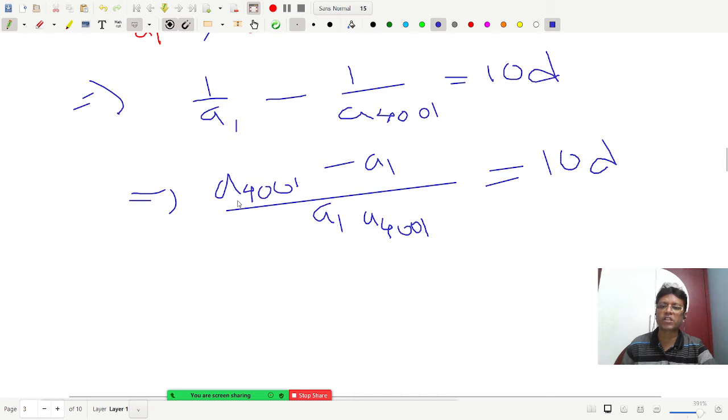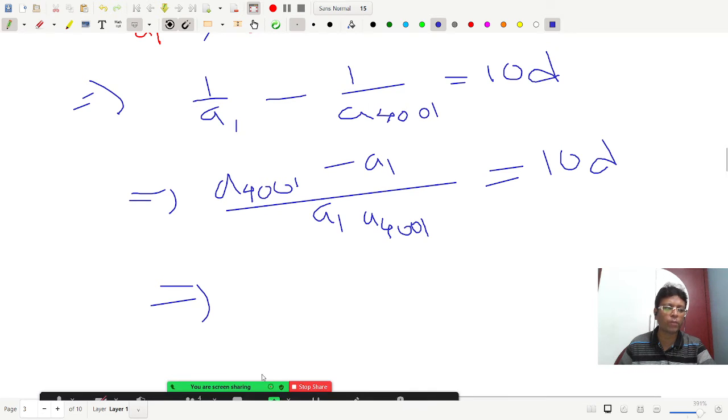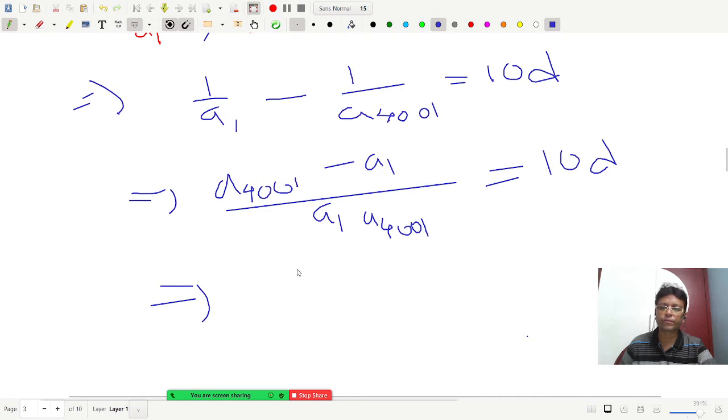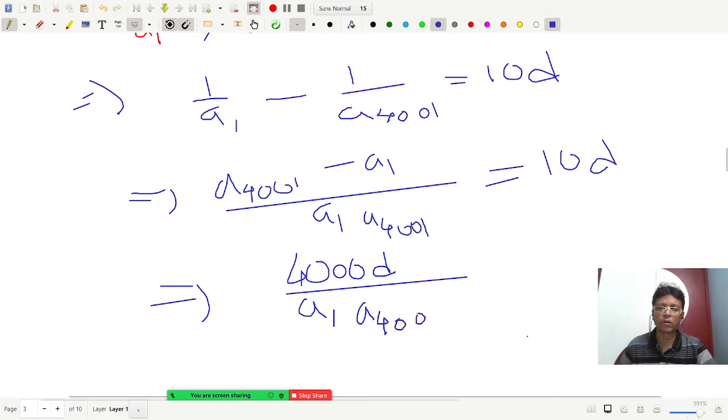Now writing the nth term formula, A4001 can be written as A1 plus n minus 1 into D. So that's equal to 4000D over A1 A4001, equal to 10D. That's it.